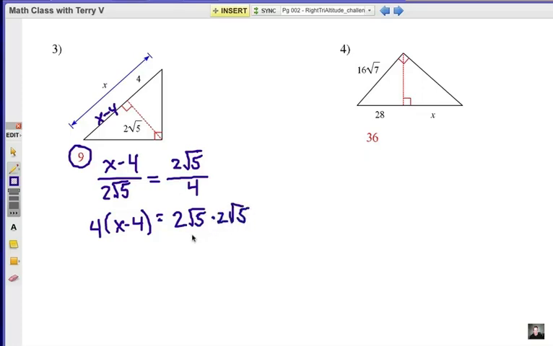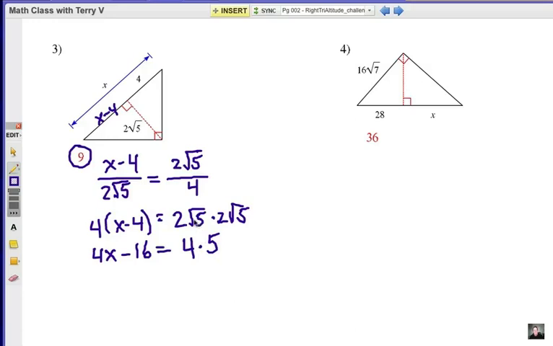All right, now let's work this out. Use the distributive property to get rid of those parentheses there. So that would be 4x minus 16 equals, now when we multiply two radicals here, and maybe this is a review for you, hopefully, let's go ahead and do the number parts. 2 times 2 is 4, and radical 5 times radical 5 is just going to be 5. So again, think about taking the square root of a number and then multiplying it back by itself.